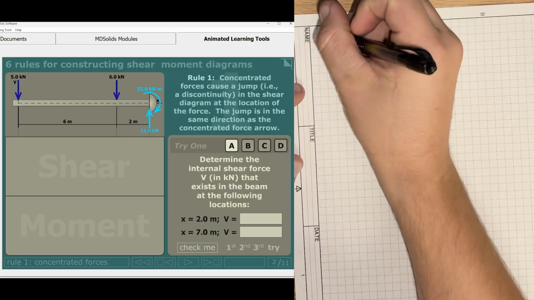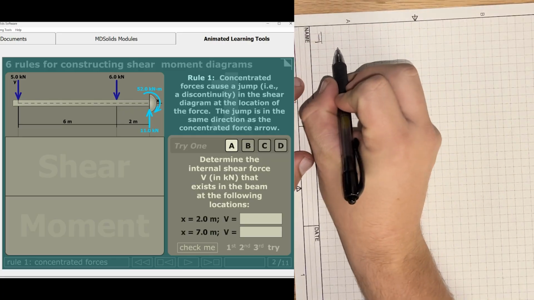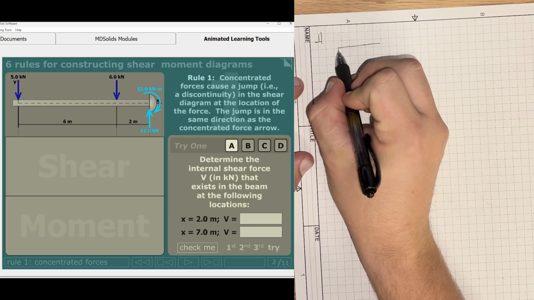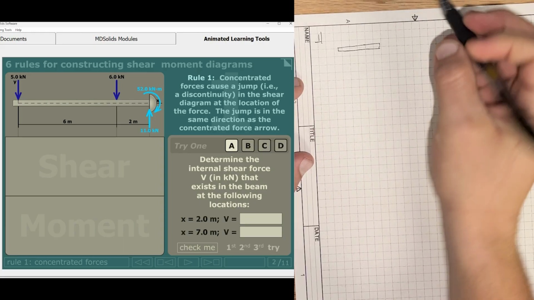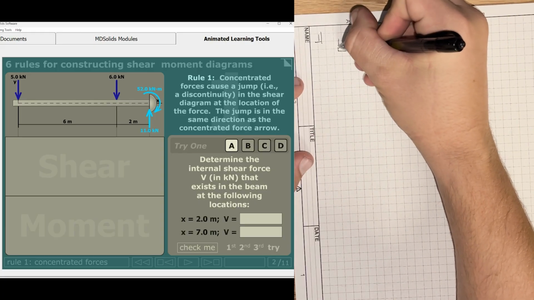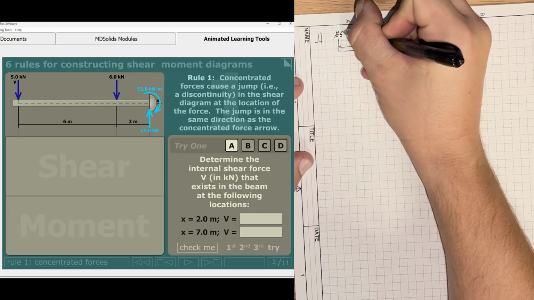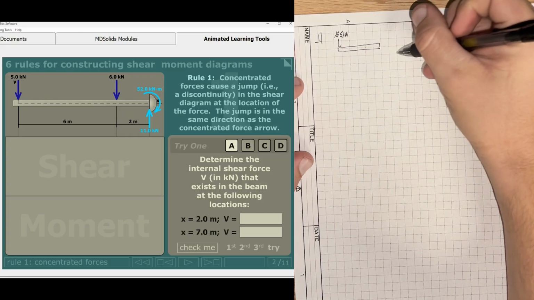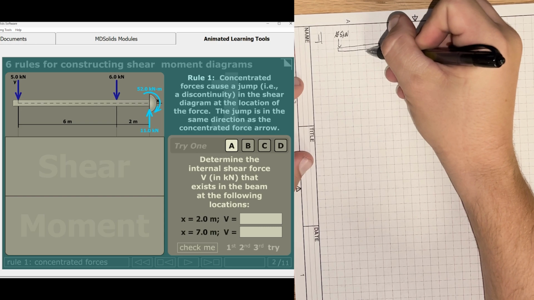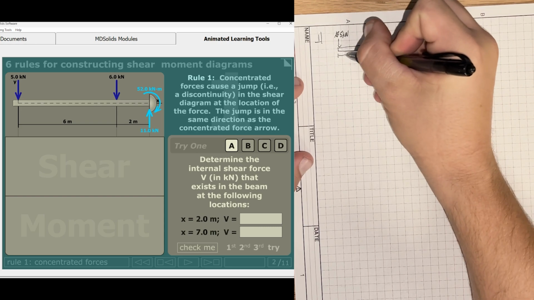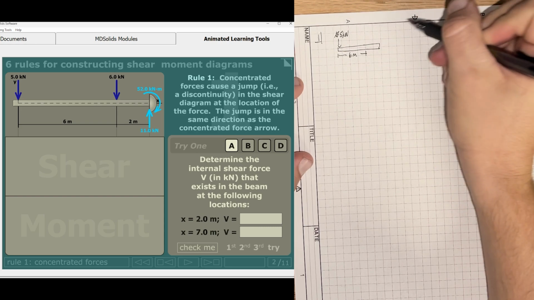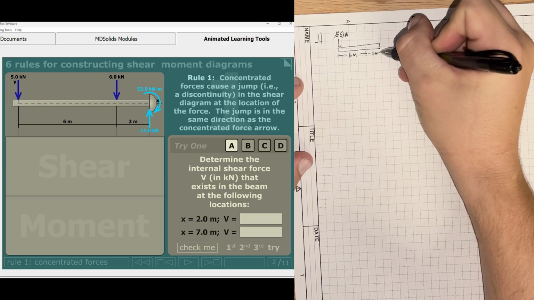So this is exactly as we were saying. If we have a beam here, and then a force right here of 5 kilonewtons, and then 6 meters here, we have that at 6 meters, and then this is 2 meters here.